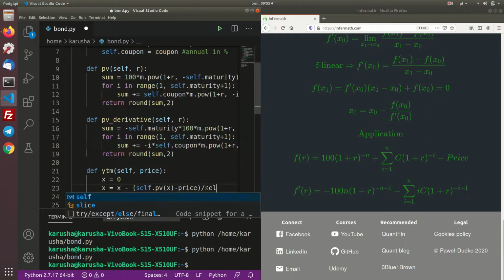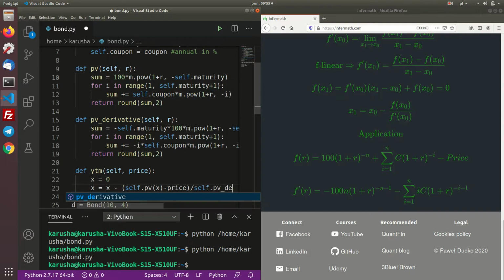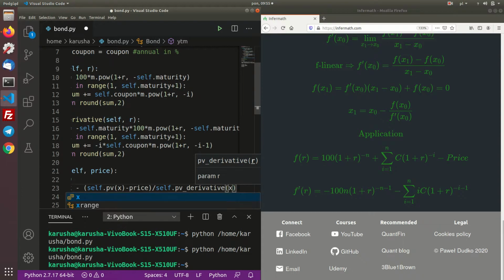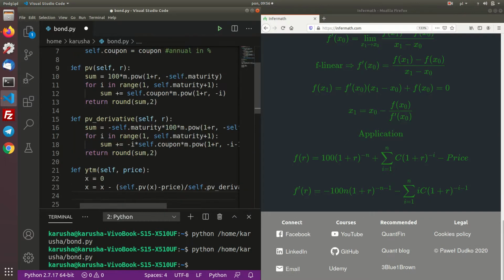So we're going to use self PV derivative, and here we also are going to use point x. And we're going to return x.